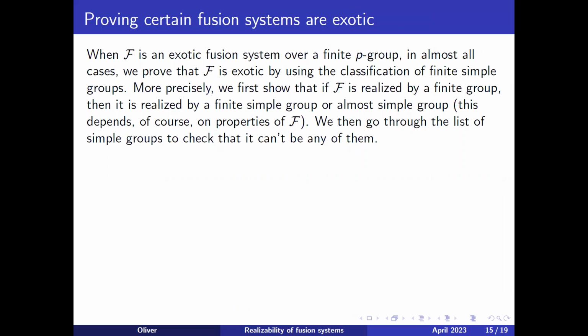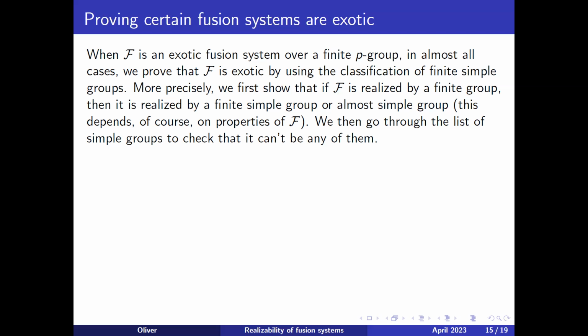So now getting to the third question, and the one that you were asking about, how to prove that certain fusion systems are exotic. Back to what we were saying earlier, in the case of a fusion system over a finite p-group, in almost all cases, we prove that it's exotic by using the classification of finite simple groups. Whether you consider that a proof or not, that's how it's done. The only way we know how to do it.